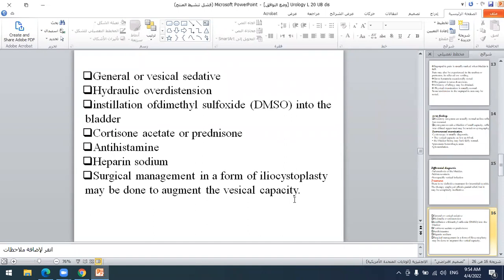Cortisone or prednisolone. Antihistamine, heparin sodium. Surgical management in the form of ileocystoplasty may be done to augment the vesical capacity.